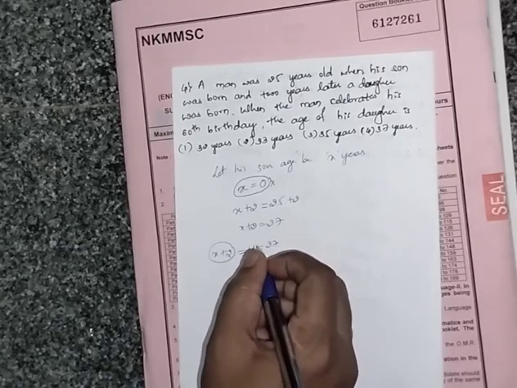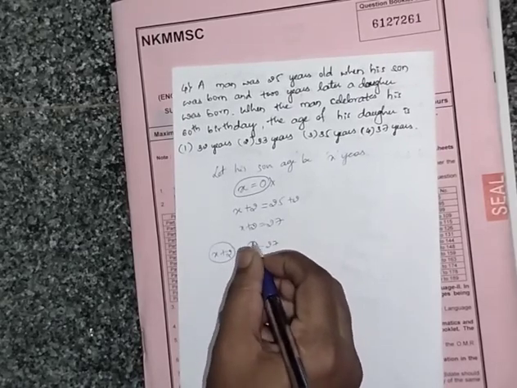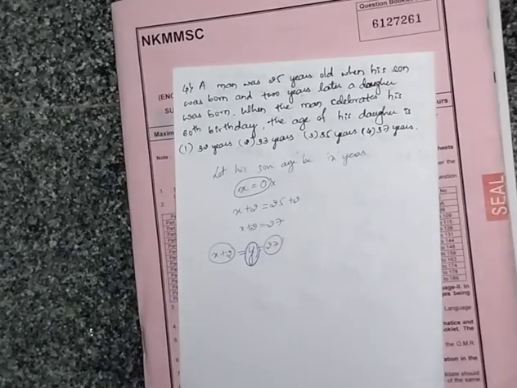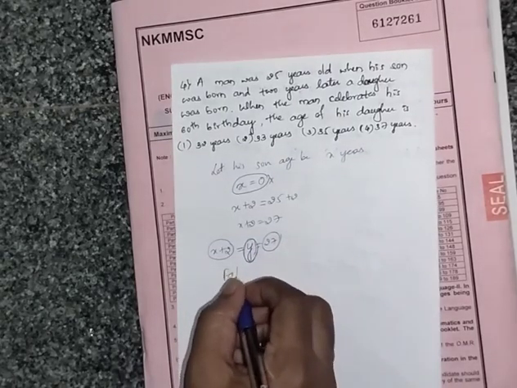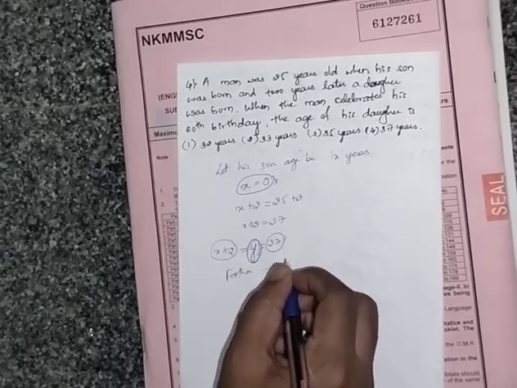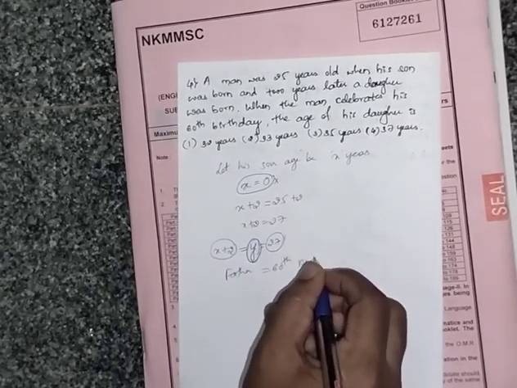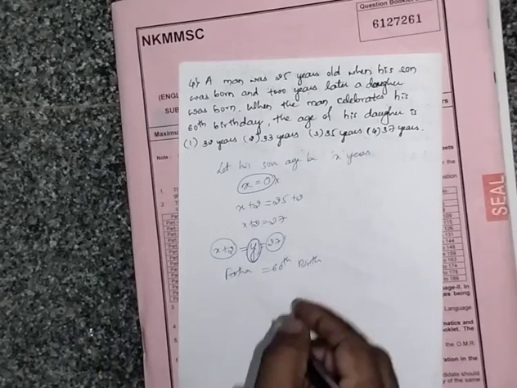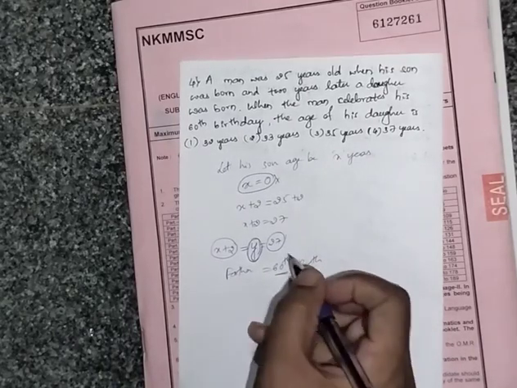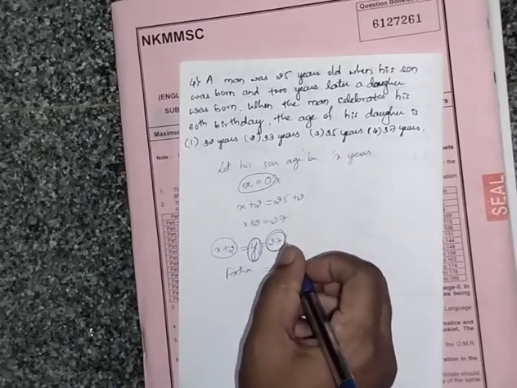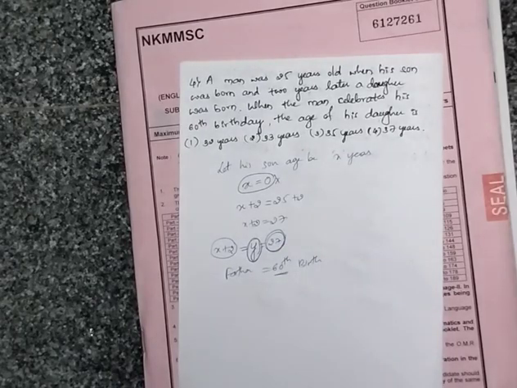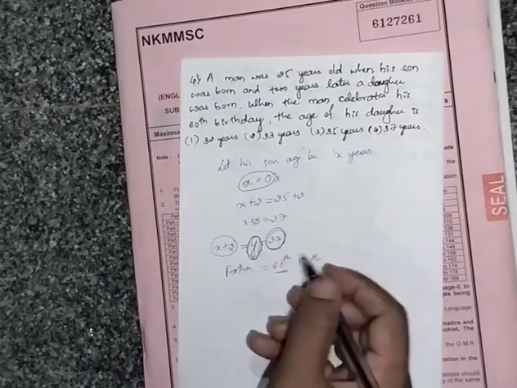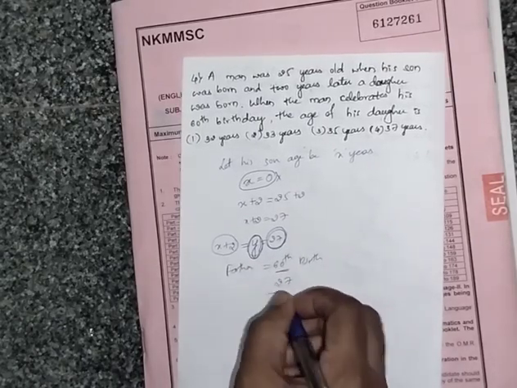That means whenever the daughter is born, the father's age will be 27, and the father is celebrating his 60th birthday. 60th birthday means his age will be 60 years. From 60 years, we need to subtract 27, because when the girl was born he was 27 years, so we need to subtract this from 60.